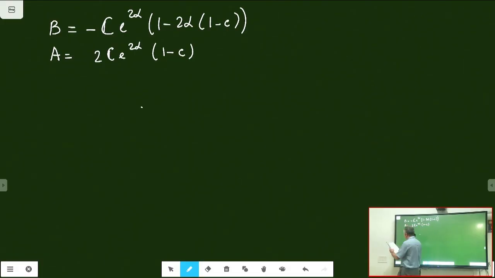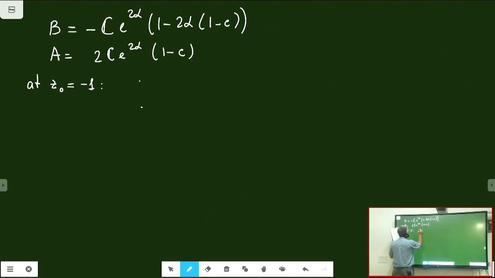If you do the same thing with the second matching condition at z0 equals to -1, then after some struggle, not much struggle, but about 2 lines of struggling there, you should get the following.